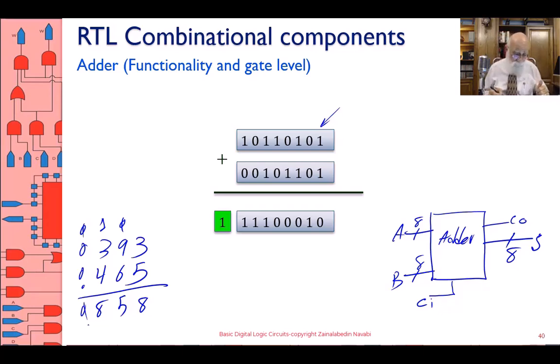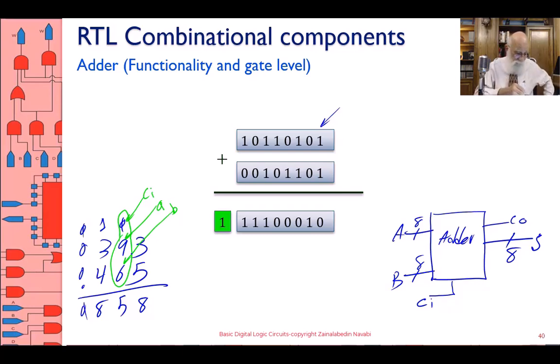Okay? And what you did was you did slice by slice. Okay, so here, let's look at this slice here. This slice had a carry in, had a bit of A, had a bit of B. Now, here I'm looking at decimal numbers, but I'm really going to convert everything to bits, okay?